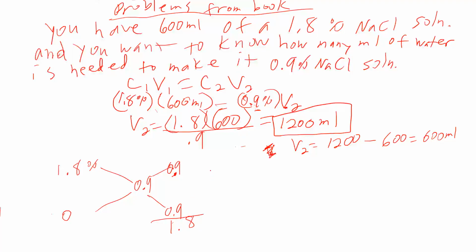So if we want the amount of the 1.8%, we just say 0.9 over 1.8, and we multiply it by the total volume, which is 1200, and that would be 600 mils.